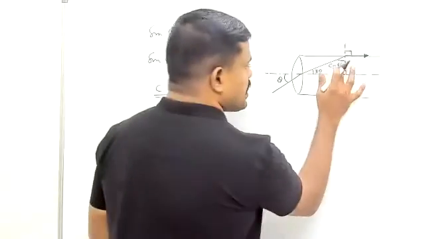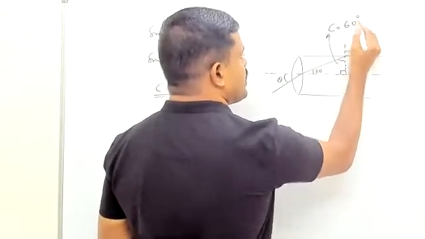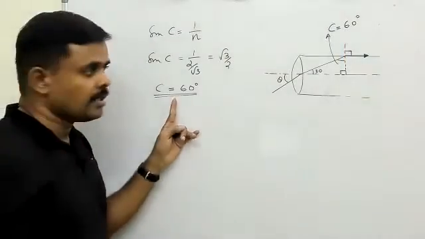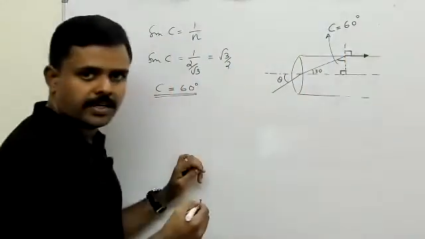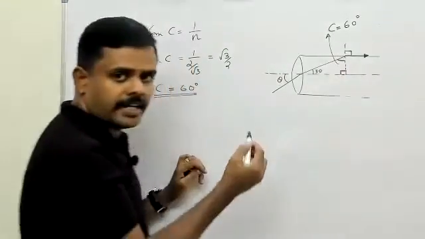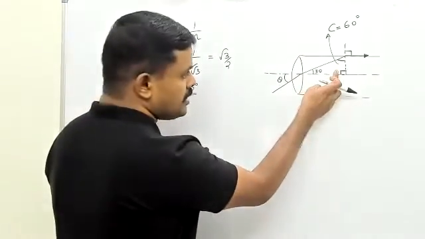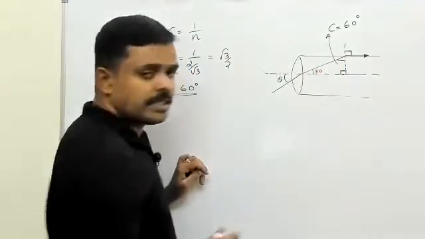Critical angle I have calculated here, it is 60 degree, and this angle is already 90. 60 plus 90 is 150. Then this angle can be 30.